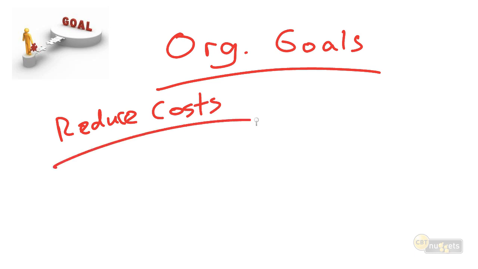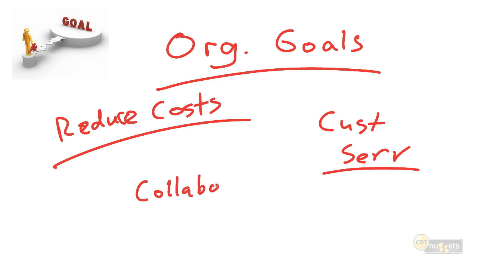Maybe you're told from the CEO that we just dramatically have to improve our customer service. Maybe the operations person says we just have to collaborate better. So you're going to really allow them to just unload on their desires for the organization.